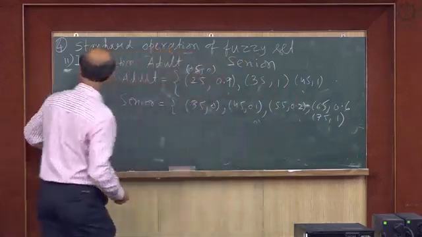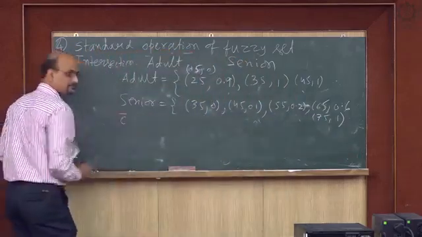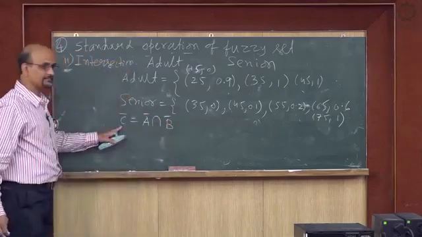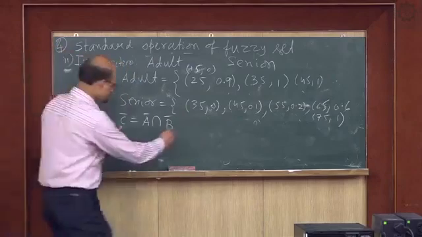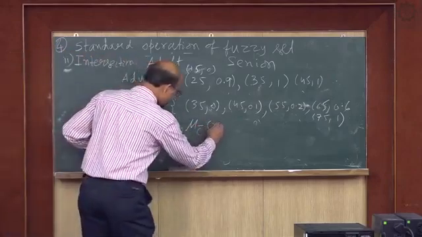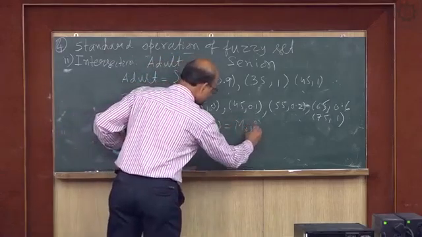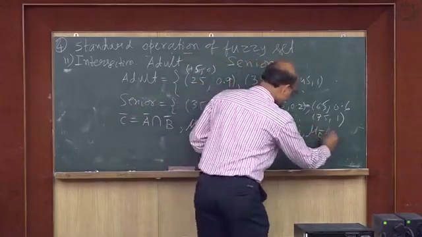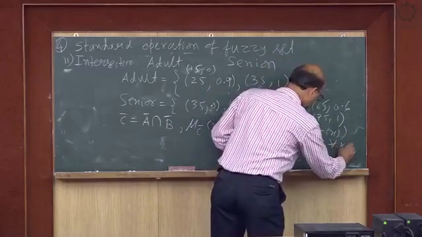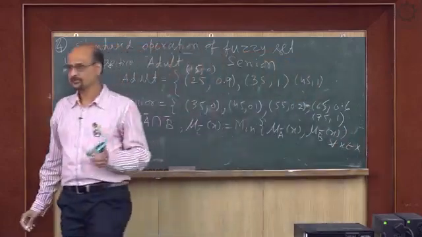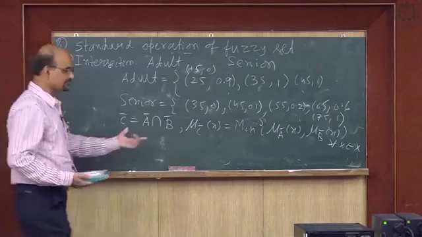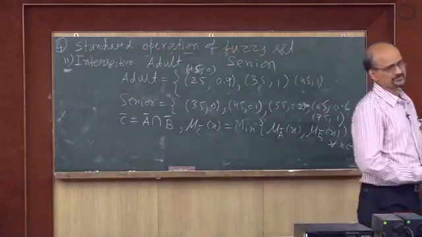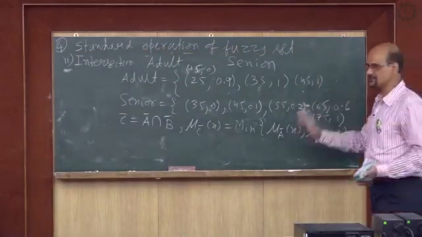So, the definition will be intersection C bar is equal to A bar intersection B bar, where this C bar's membership function mu C bar x will be nothing but the minimum of membership function of mu A bar x, mu B bar x for all x belongs to X. Understanding? Very easy, where this mu A bar and mu B bar are the membership functions of A bar and B bar respectively.